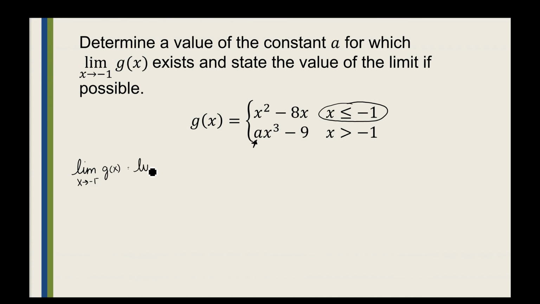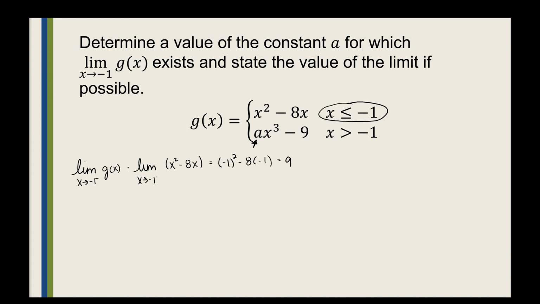So we want the limit as x approaches -1 from the left of x squared minus 8x, which we can evaluate by direct substitution because x squared minus 8x is a polynomial. So we would get -1 squared minus 8 times -1, which would be 1 plus 8, so 9.